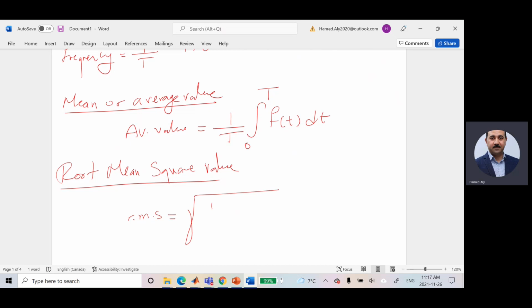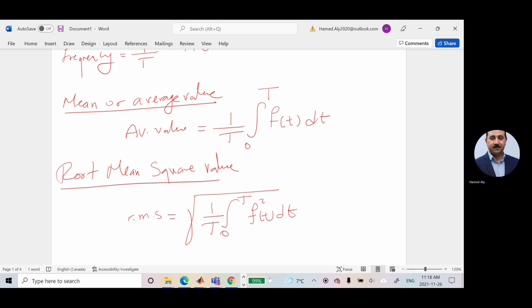So it is the square root of 1 over T times the integral from 0 up to T of f squared of t dt. From its name, root mean square, it is the root of the mean after squaring. Why am I squaring it? Because I don't want negative and positive to cancel each other. I would like to have positive only.